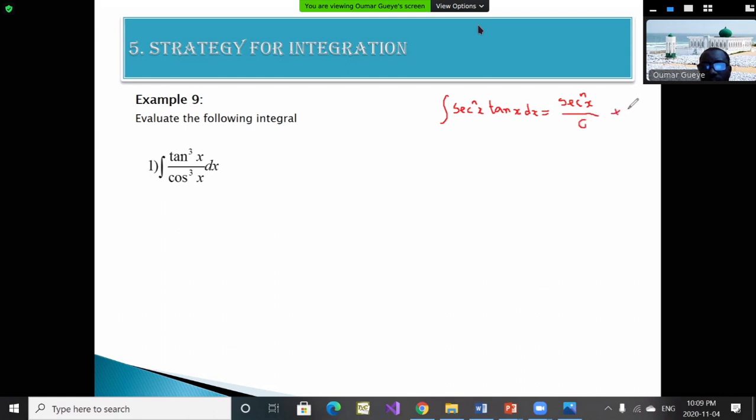Oops, plus the constant c here. It should be n in here. Do you remember this formula?